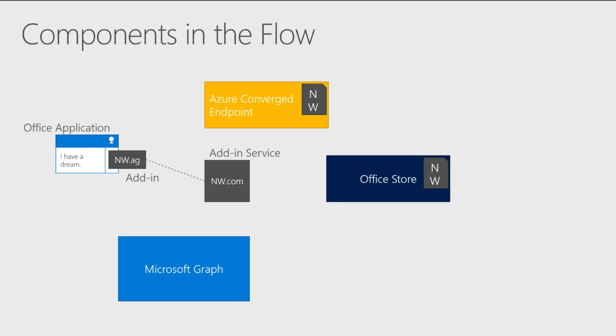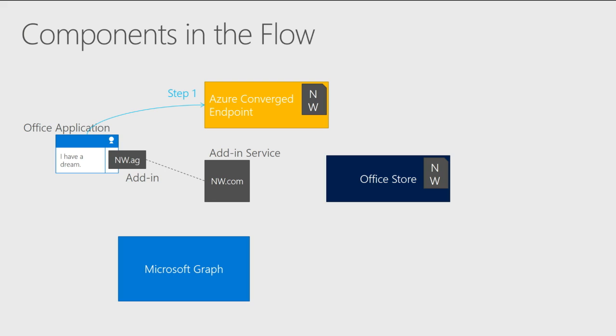Now with this authentication flow, the first step is that Office will go request a token for the user. Once it retrieves that token, it will flow it to your add-in, and your add-in can then flow it back to the add-in service.